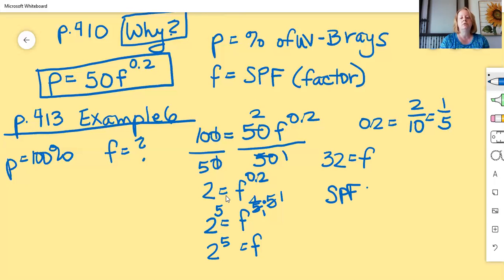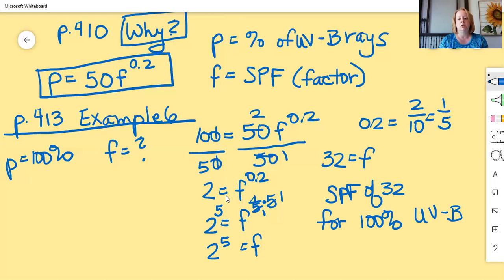So an SPF of 32 for 100% UVB blockage. That's what that means.